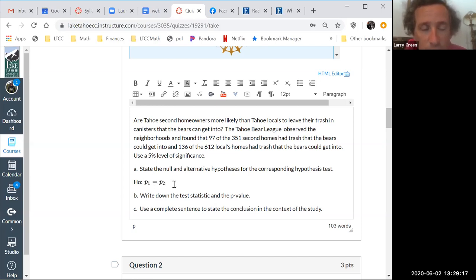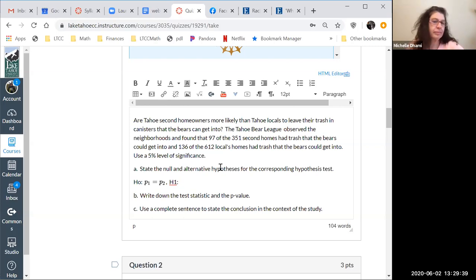Now for H1. What inequality are we going to have, and what's the key word that's going to help you? There's a key word in the paragraph that helps us with the inequality. The keyword is "more."